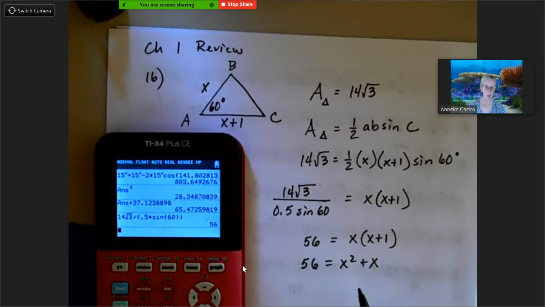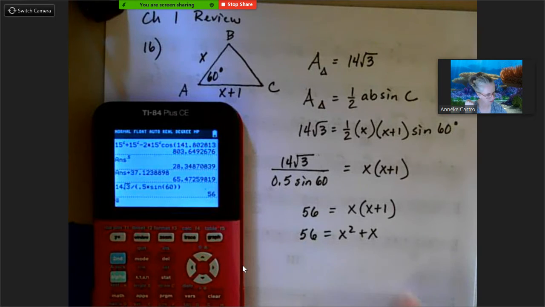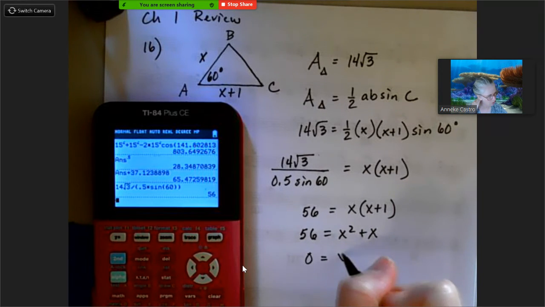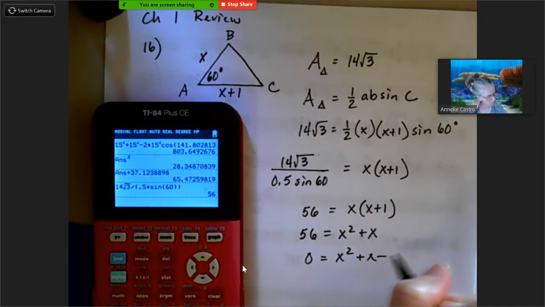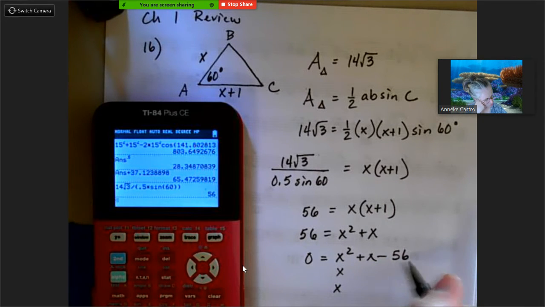Okay, in order to solve a quadratic, I need to set it equal to 0, or I can just use technology. It is possible to actually factor this and do this without technology, so I kind of feel like doing that. Just to show you the old-fashioned way, I would subtract my 56 from both sides. Now if I'm going to factor this, I need two numbers that multiply to 56 but subtract to 1, because one of them is going to be positive and one's going to be negative.